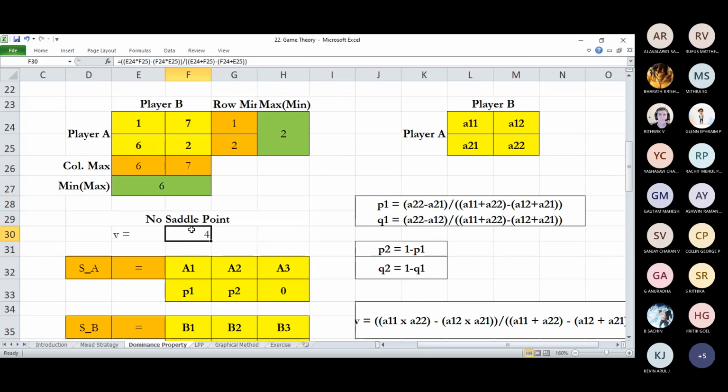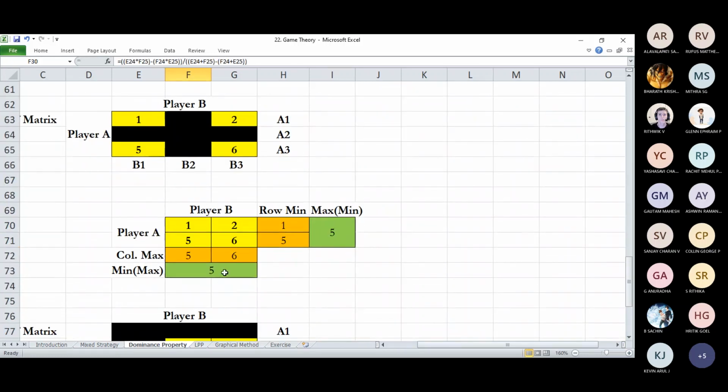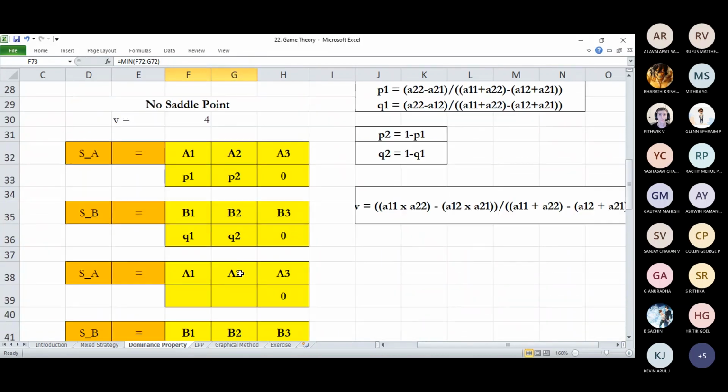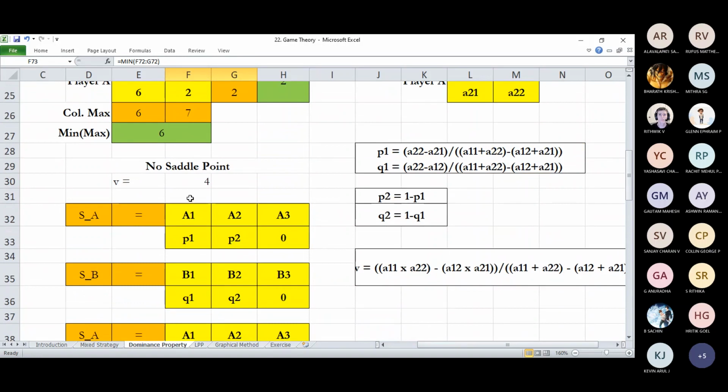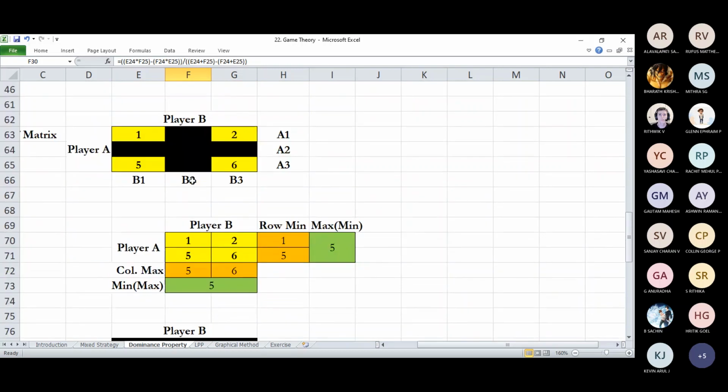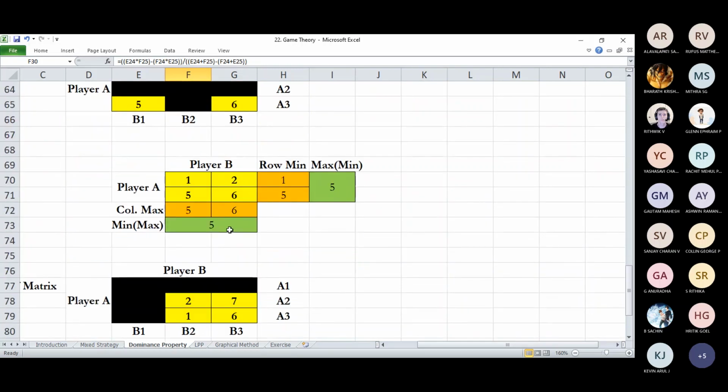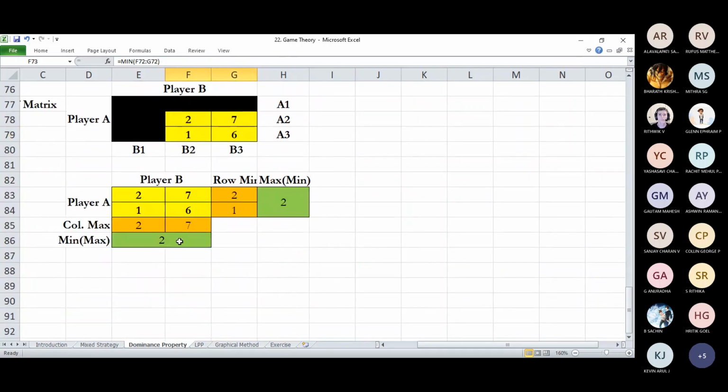The value of the game is 4, and 4 is less than 5. So this strategy will really fetch a good dividend. Even though it's a mixed strategy, we try to find out the value, just like 4, and it's not greater than 5 or equivalent to 5. So 5 is greater and 2 is lesser.